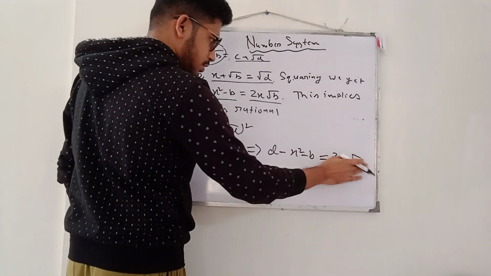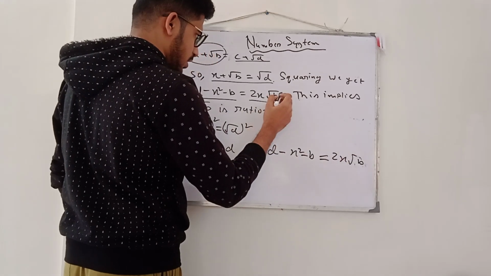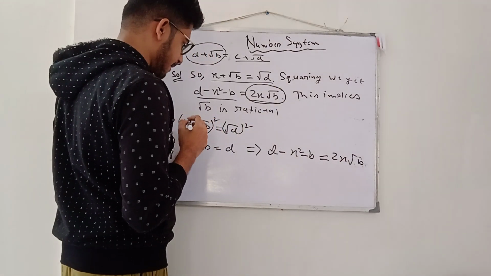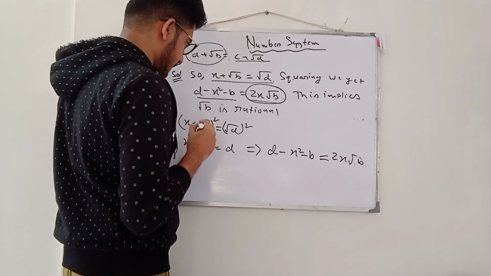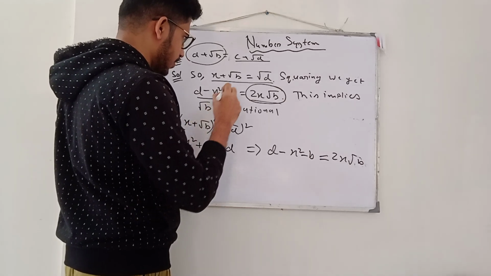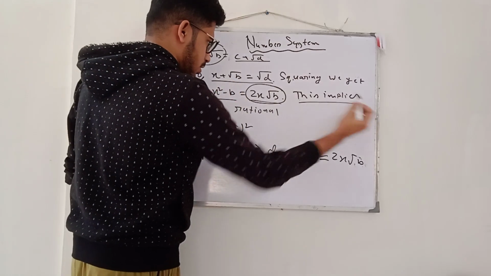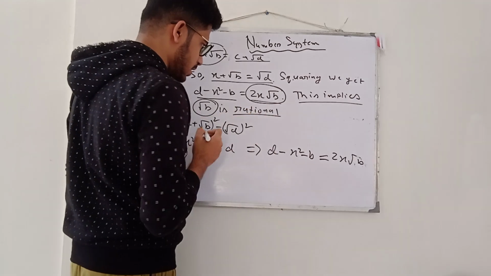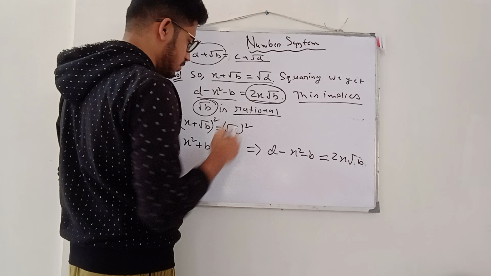So the question is, how is this 2x into root b coming? Here they are also saying that root b is rational, and now they are multiplying with this 2x.